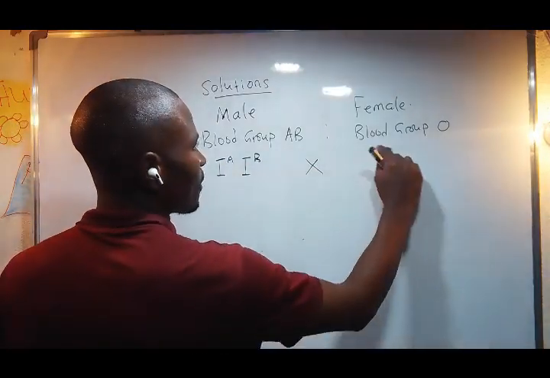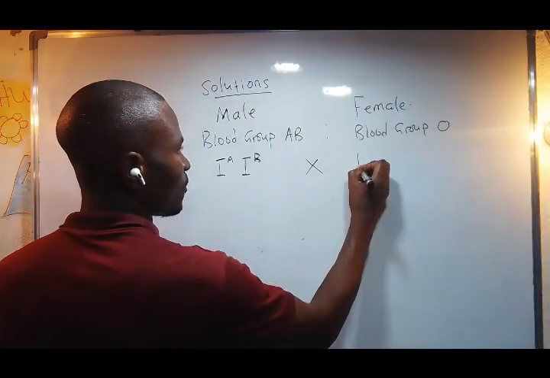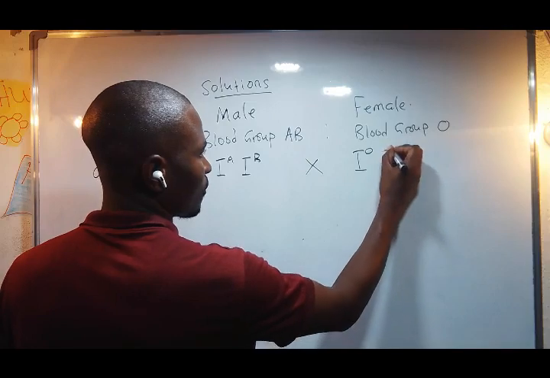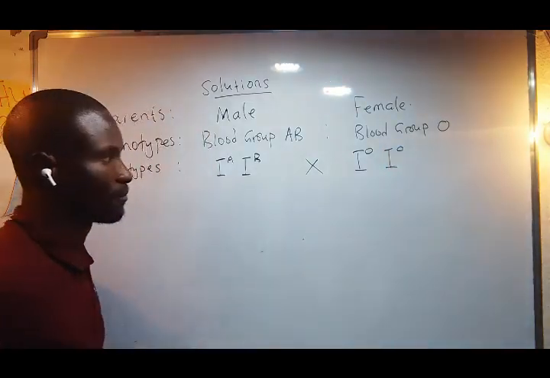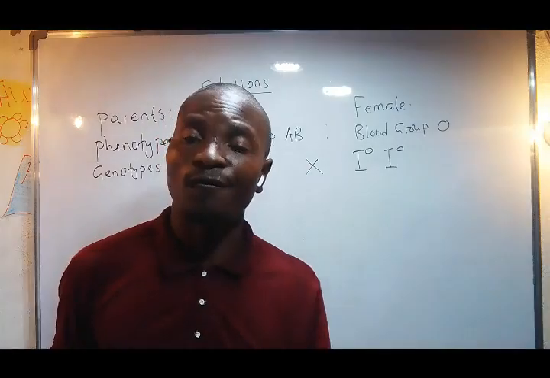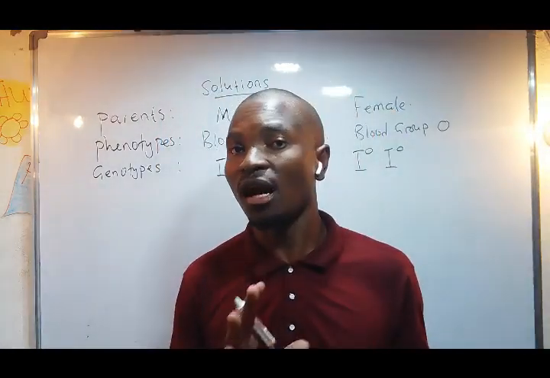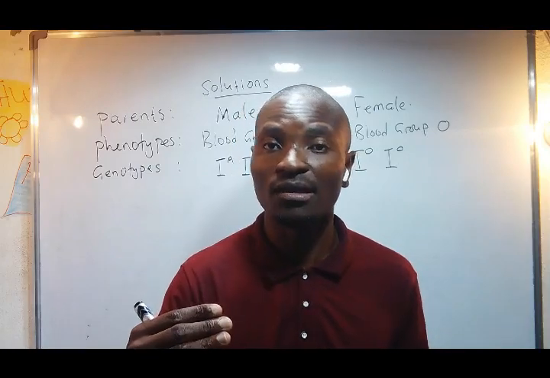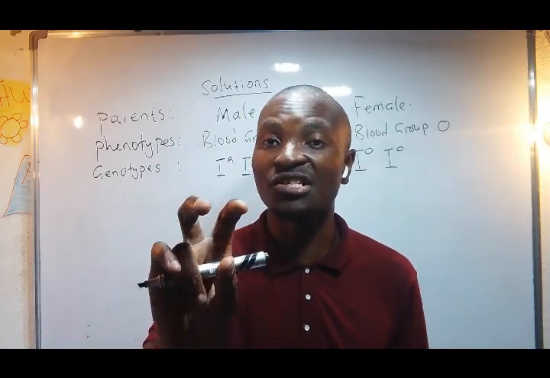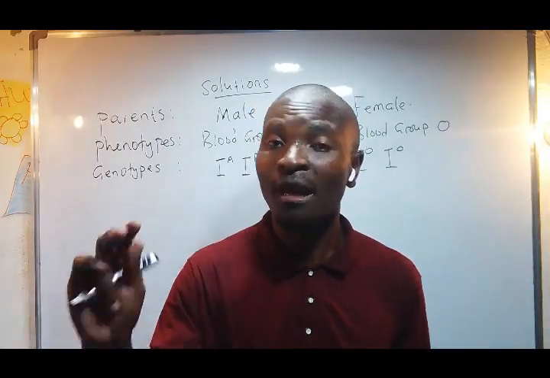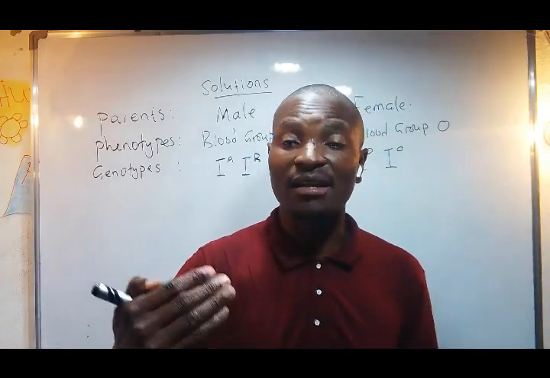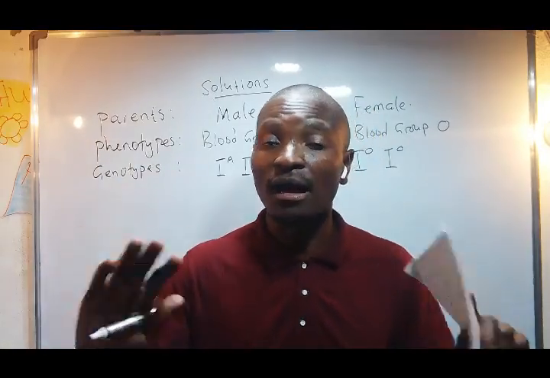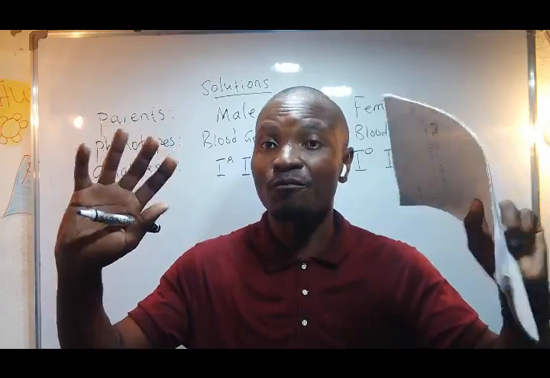Then this one is just going to be... So now, for some of us who have not understood how we express some of the alleles or the genes that represent blood groups, that's how we do it. We use capital letter I, and then the actual blood group we put as a power, as if you can think of it in terms of mathematics.